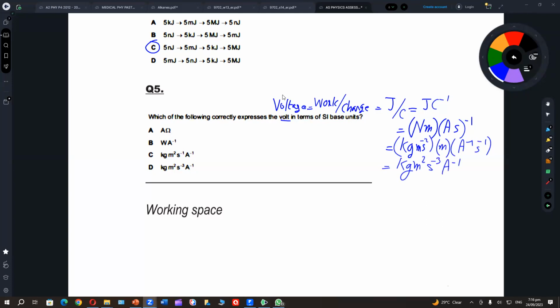Majority people have reached D. I have shown the working also, and you people can compare the working and the answer.